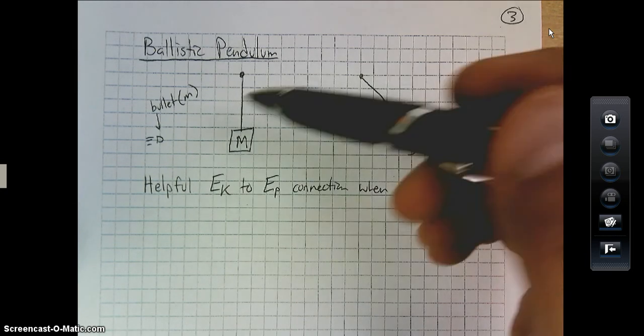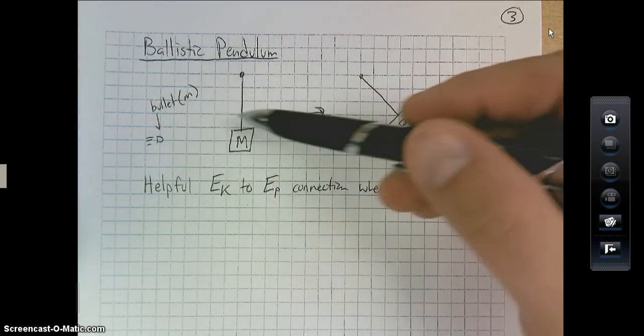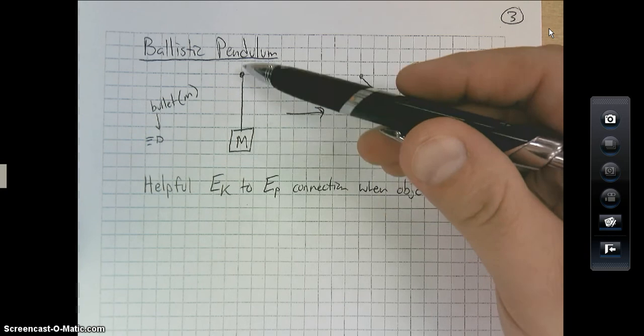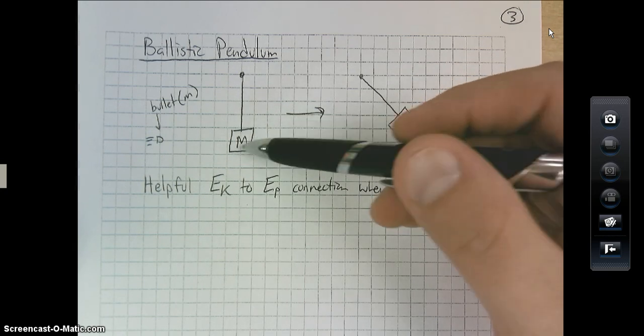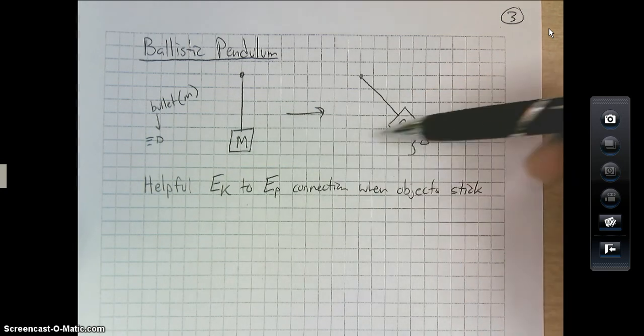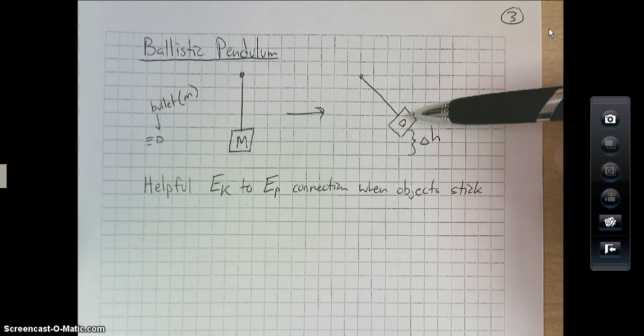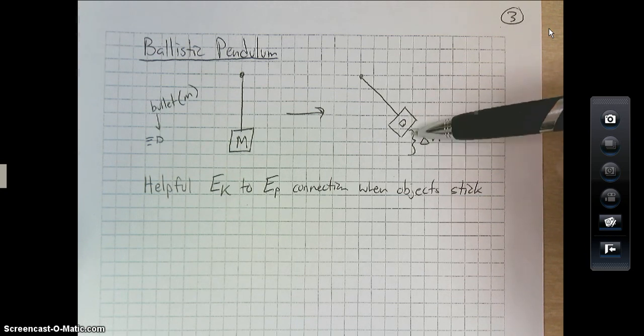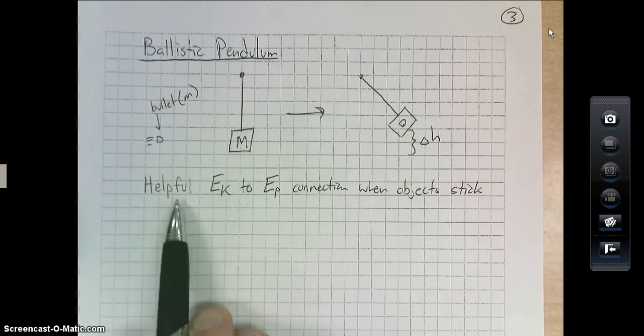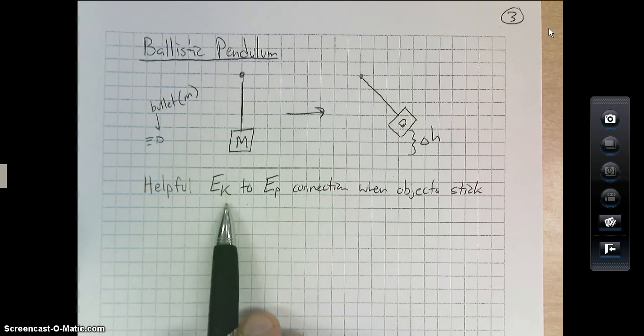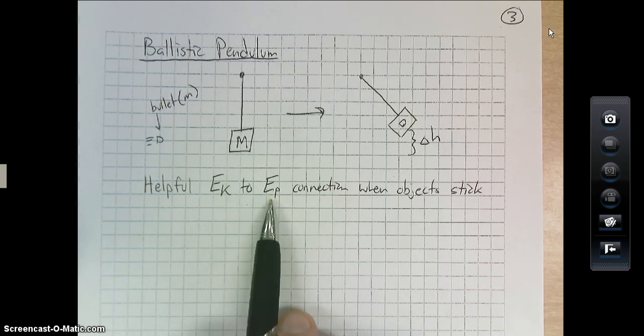So if you've got a bullet, and I shoot it into a block that's on a pendulum of some sort, if it's a really heavy mass, the pendulum's going to rise up. It's going to increase its gravitational potential energy, so it'll come up to a height. So this is a helpful idea when kinetic energy is being turned into gravitational potential energy.